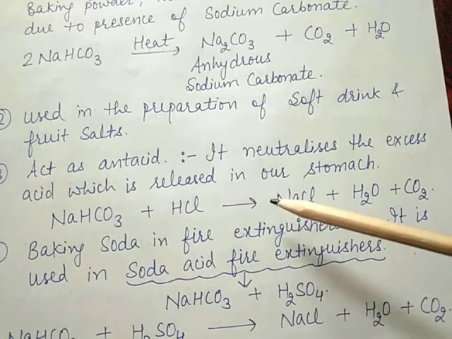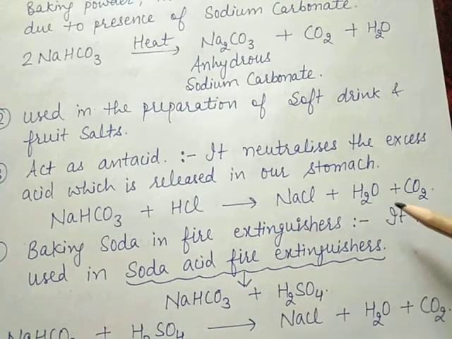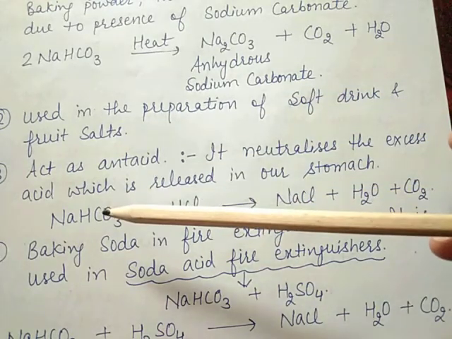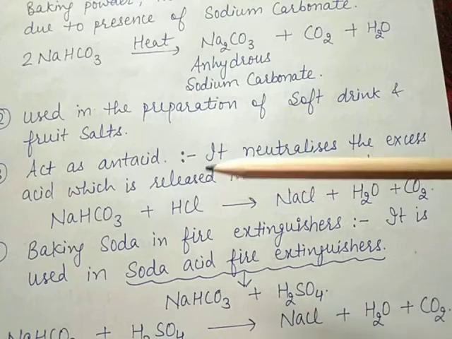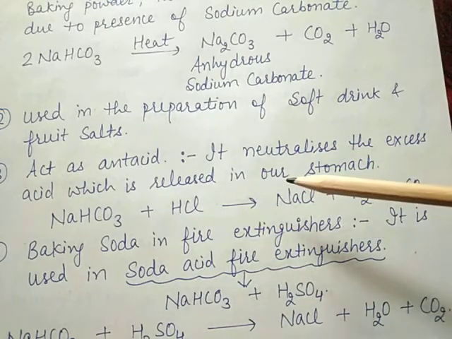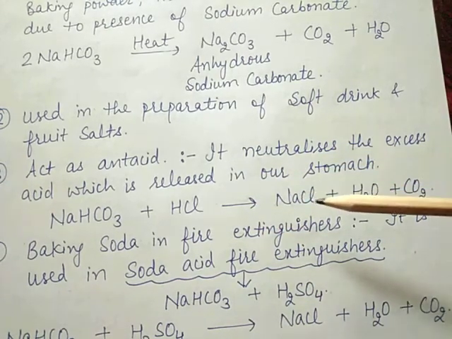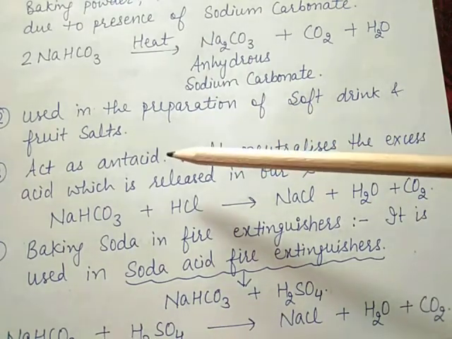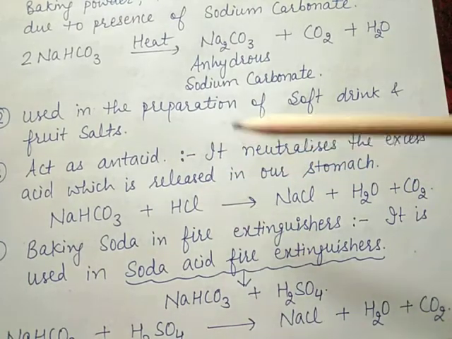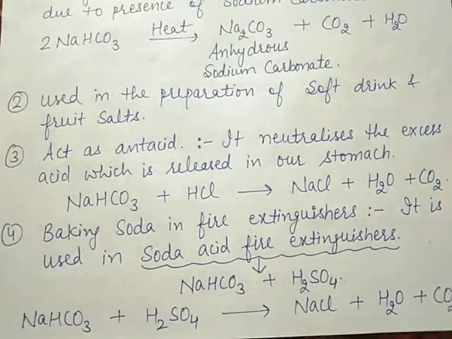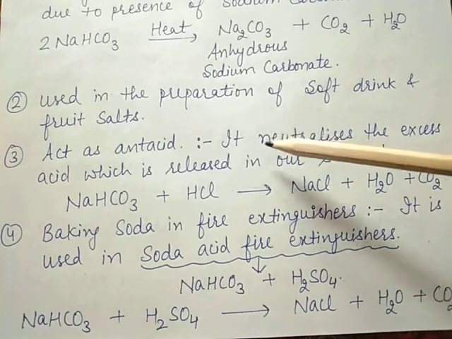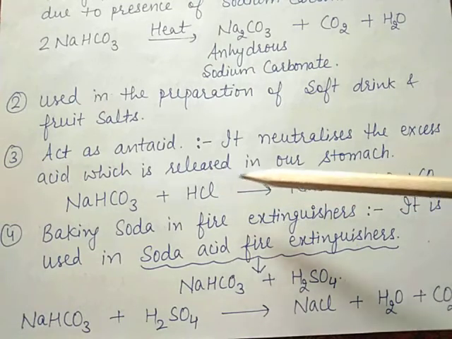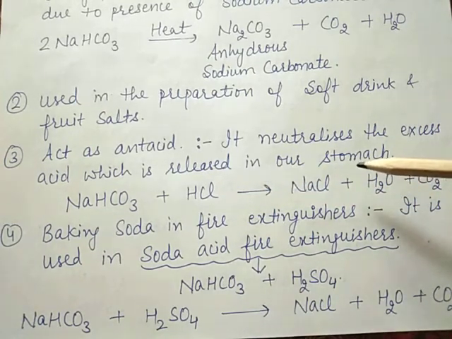It will form NaCl plus water plus CO2. When baking soda reacts with acid, because of its alkaline nature, it neutralizes the effect. So it acts as an antacid. An antacid is a substance which neutralizes the excess acid released in our stomach.